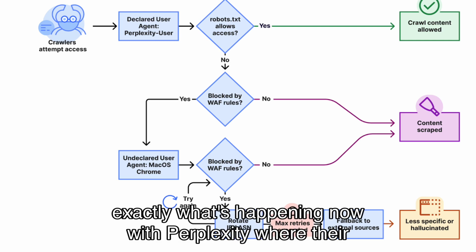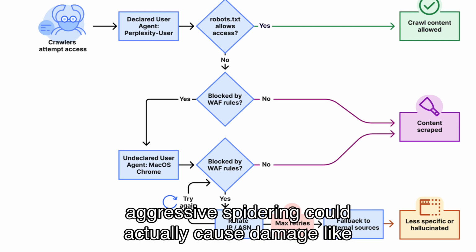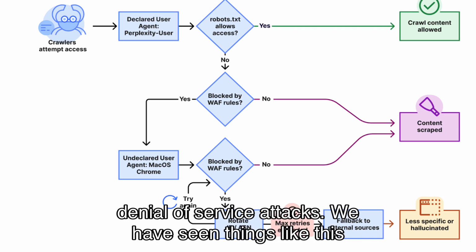And that's exactly what's happening now with Perplexity, where their aggressive spidering could actually cause damage like denial of service attacks.